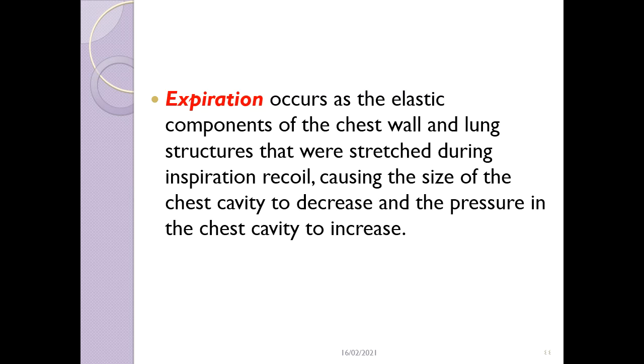All this occurs due to the recoil activity of the chest wall and the lung.